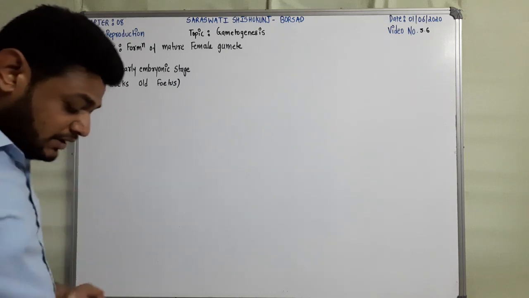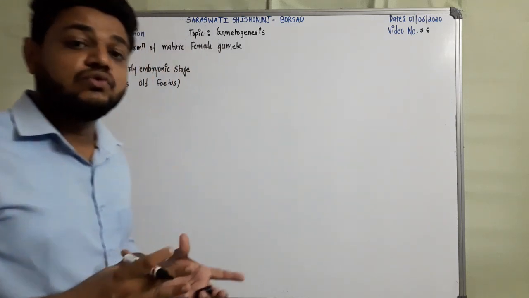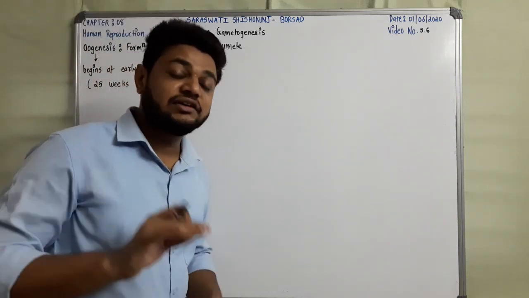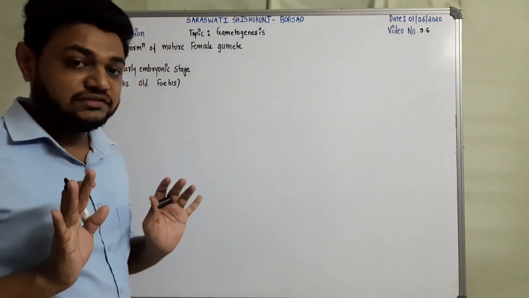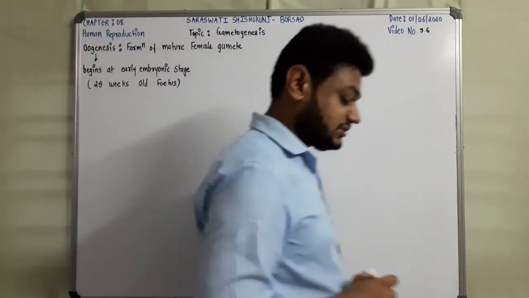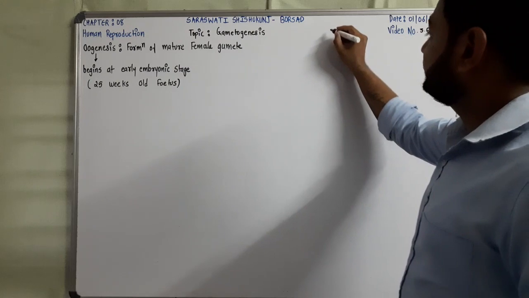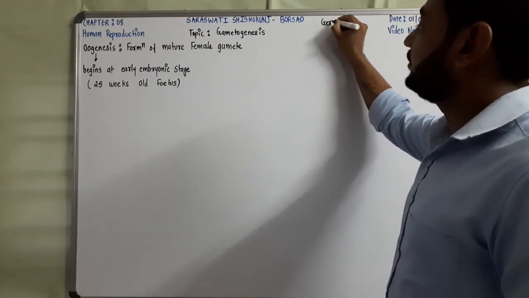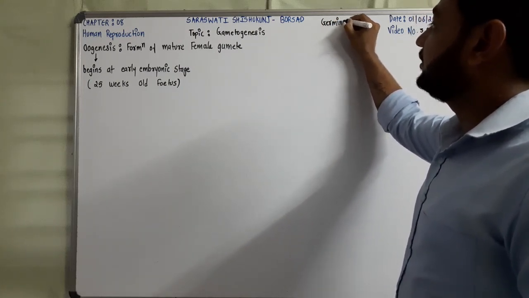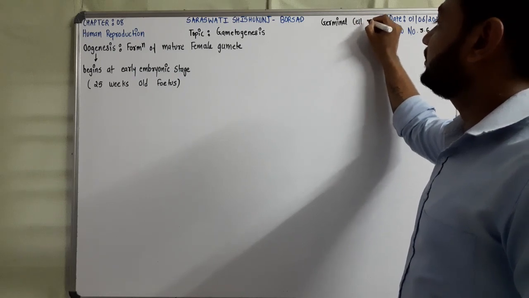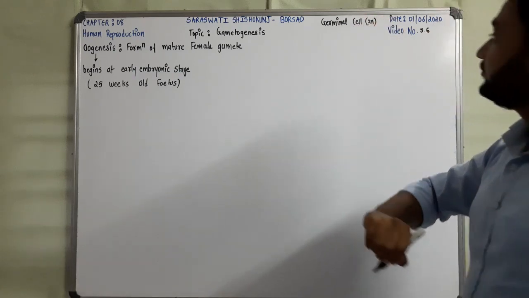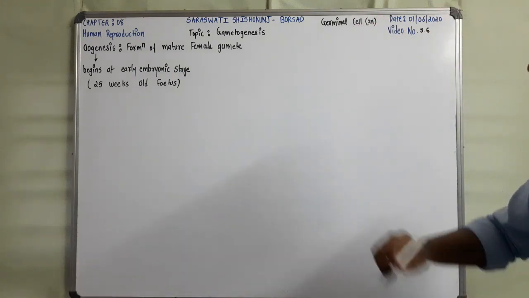No more oogonia are added after birth. This is the basic thing. So let us understand. First of all, let's say this is a germinal cell. As I said, the germinal cell is diploid in nature.